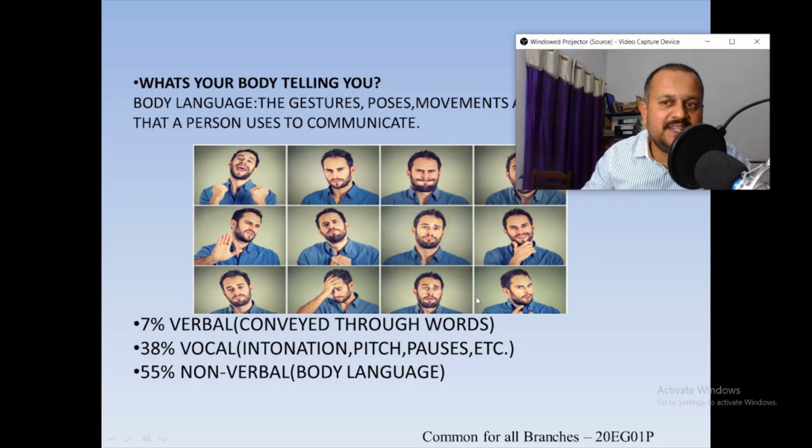You need to understand that only 7% of verbal communication becomes successful by the use of words, whereas our tone, intonation, rise and fall of the voice can be successful for only about 38%, whereas 55% of body language habits can communicate successfully with others. So that's why understanding body language is very important.